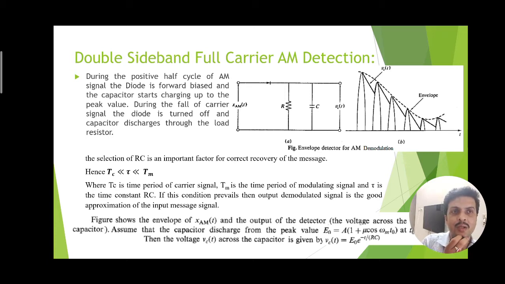The carrier time period is very small compared to the time constant, and that is why the discharge time will be longer compared to the charging time. In this way, the capacitor is frequently charged and discharges for a longer period. Therefore, the capacitor voltage is almost proportional to the voltage residing at the envelope of the modulated signal. In this way, the envelope is detected by this circuit, which is proportional to the message signal.